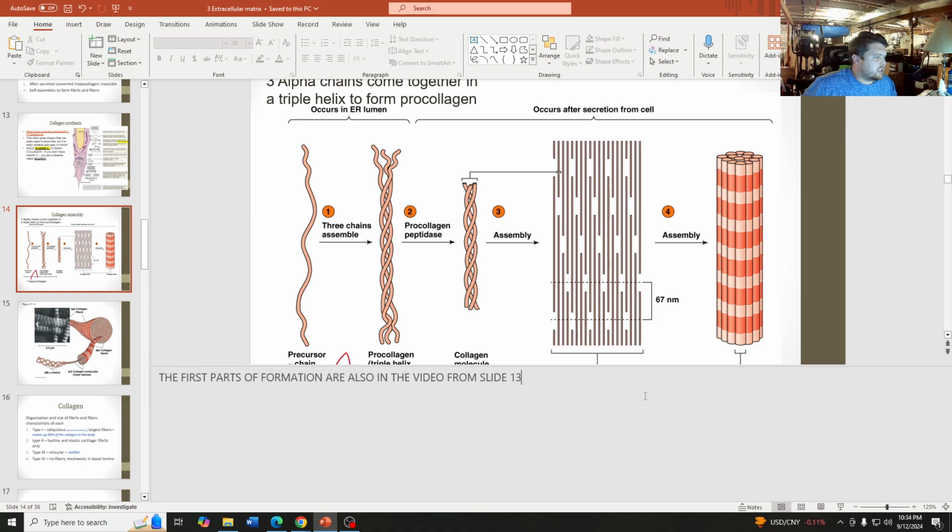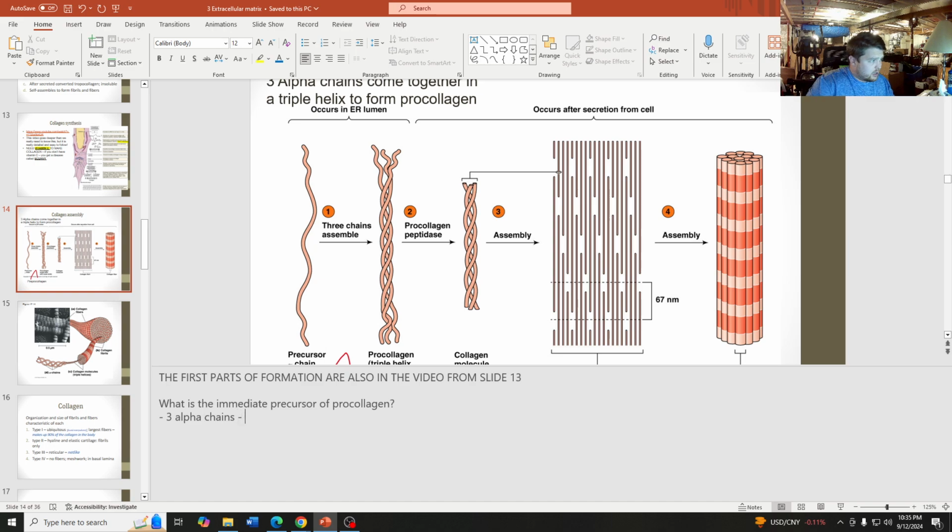A type of question that you might get asked would be something along the lines of, what is the immediate precursor of pro-collagen? A good answer would be alpha chain, so 3 alpha chains.